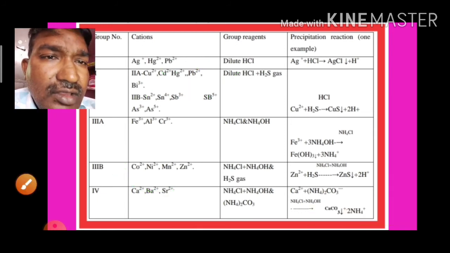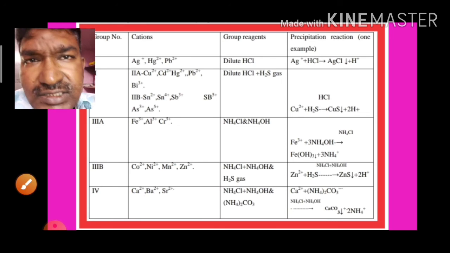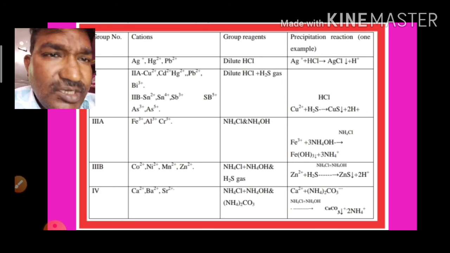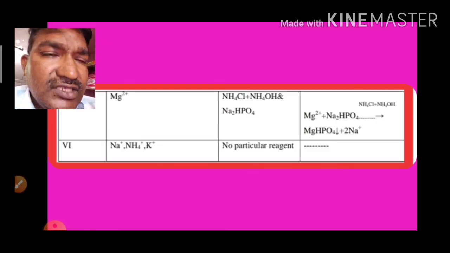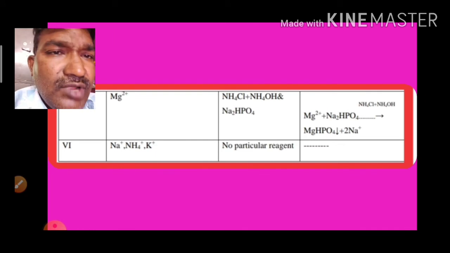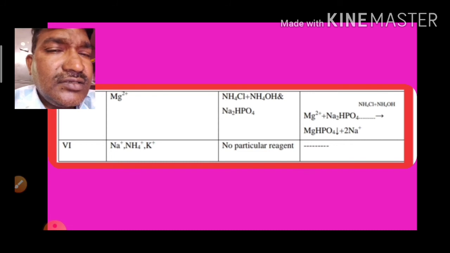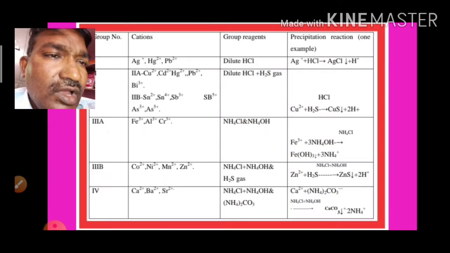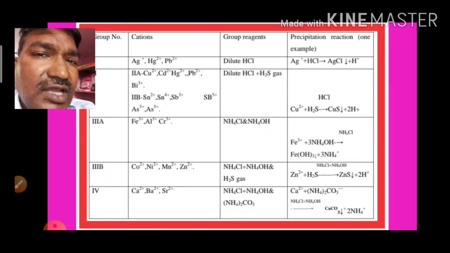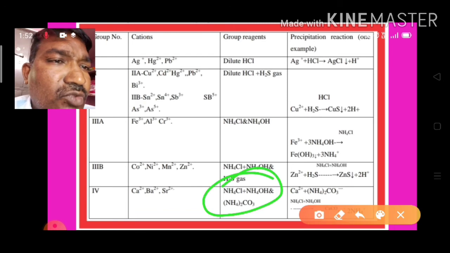In the fifth group we have the calcium, barium and strontium ions. In the sixth group we have the magnesium, sodium, ammonium and potassium ions. In the fifth group the group reagent is ammonium chloride, ammonium hydroxide and ammonium carbonate.